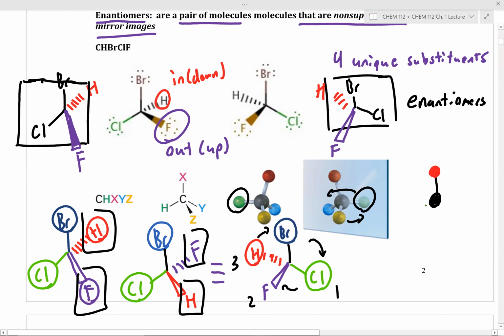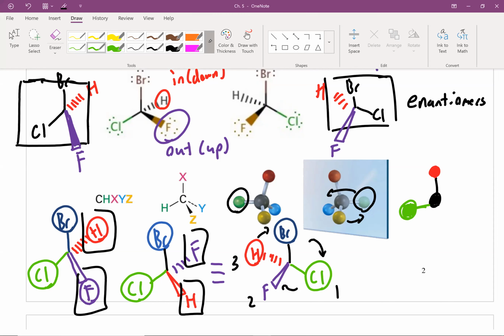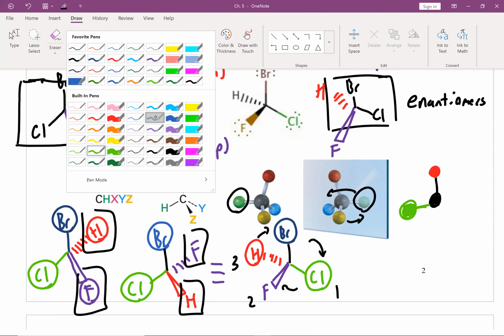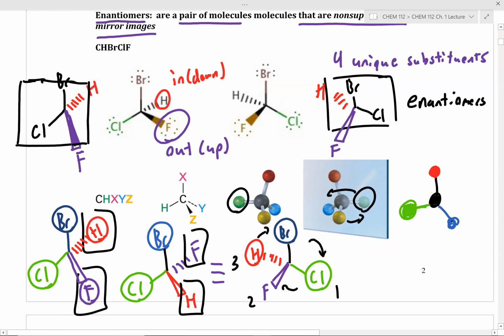Our green hydrogen is now on the left-hand side. Our blue substituent is in front. And our yellow substituent is in the back.